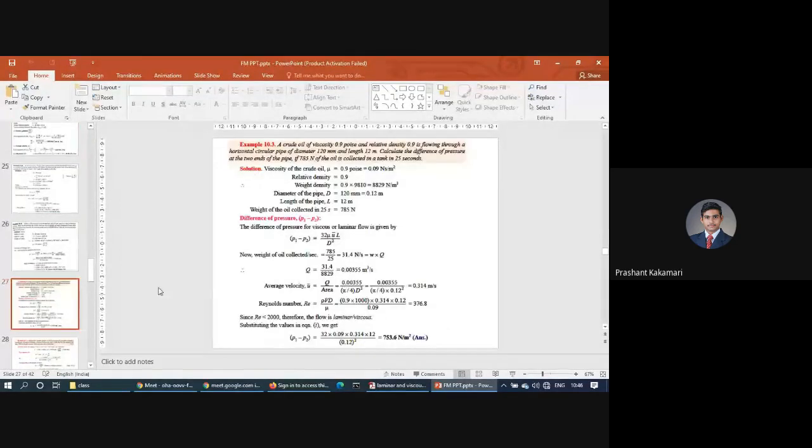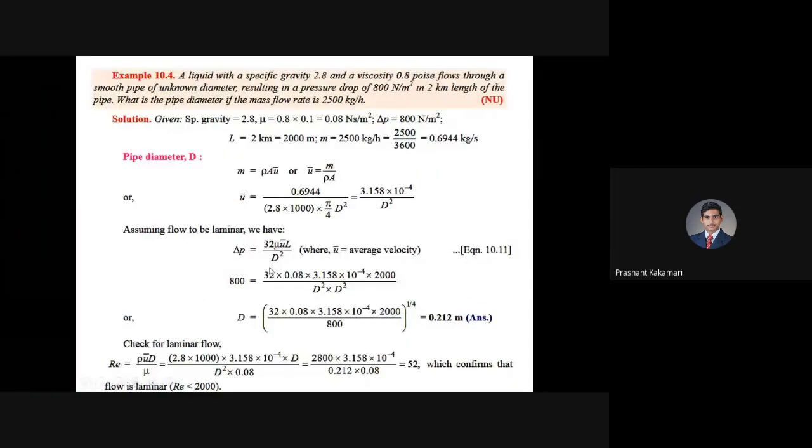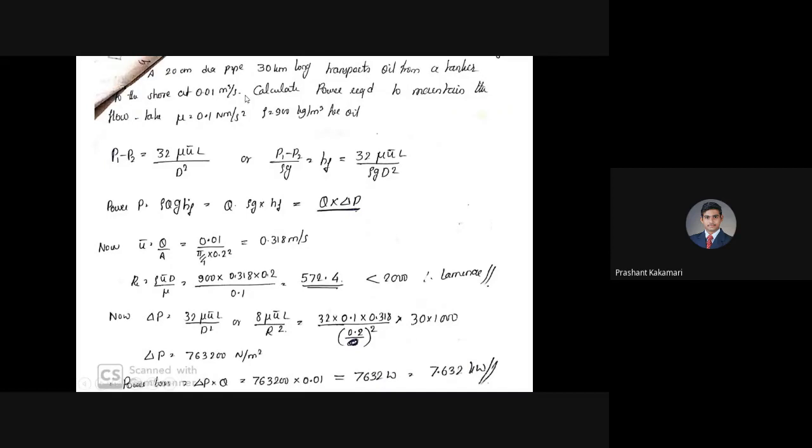Okay, I think we'll stop the discussion on circular pipes at this point. These types of problems are enough. Or if you want one more, you can just go through this problem. Roughly, it is solved here. You can take this problem for a circular pipe. You can just see here.